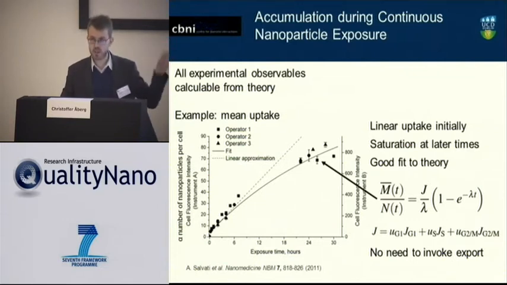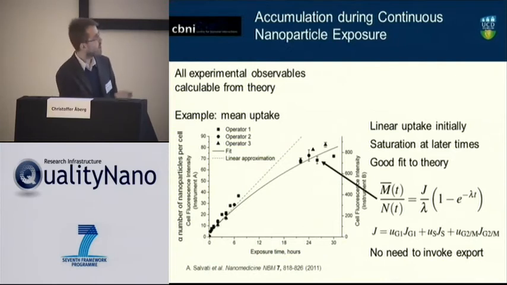So the previous graph was for pulse loading, or whatever you want to call it. This is with a continuous source of nanoparticles. What we tend to see is an initial linear uptake here, and then kind of a saturation as time goes on.